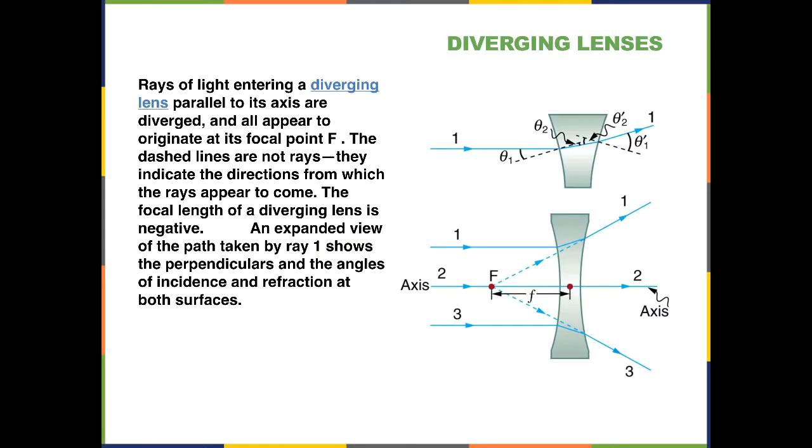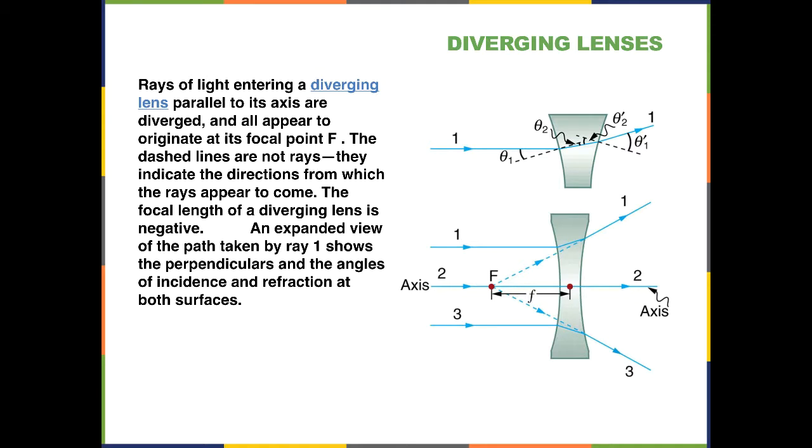Now here is a diverging lens. And a diverging lens is a lens that causes light rays to bend away from the axis of the lens. But if you draw lines from the diverging rays, they will coalesce on a point that's on the same side as the approaching light.